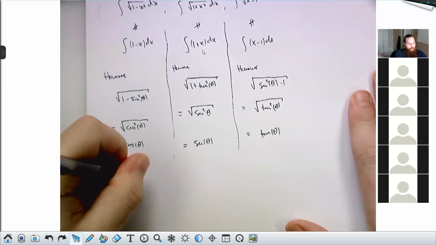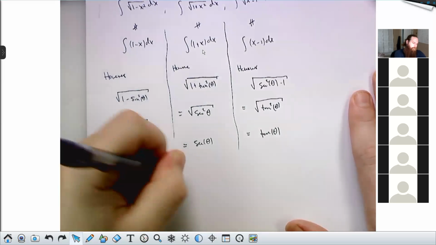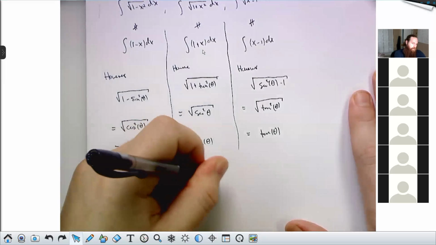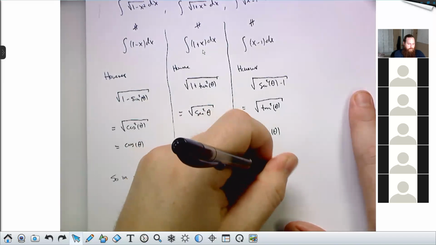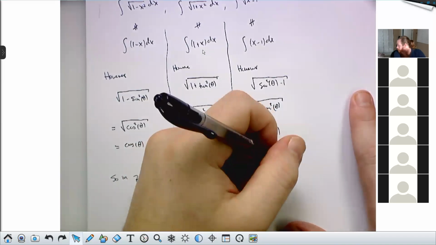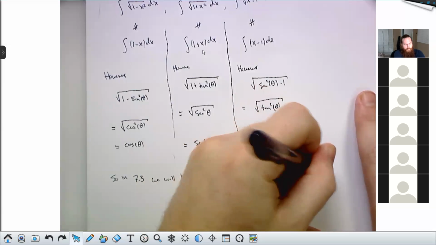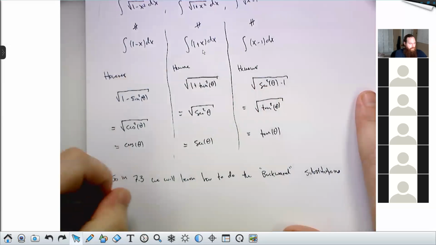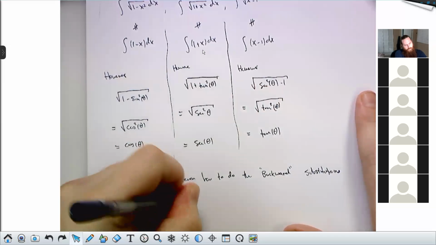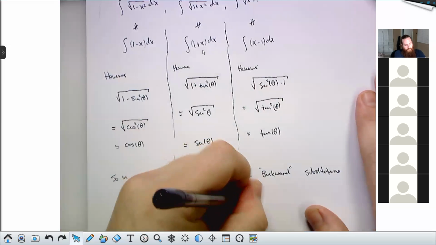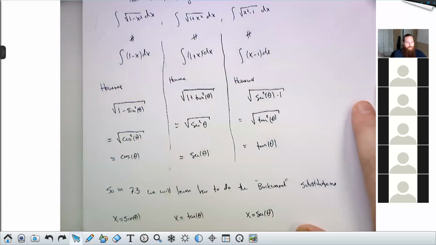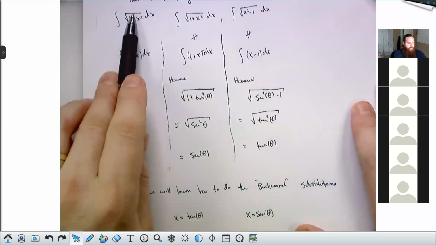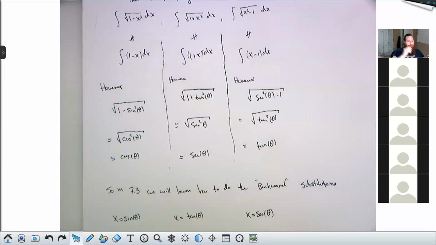So in 7.3, we will learn how to do the backwards substitutions. x equals sine theta, x equals tan theta, and x equals secant theta, to handle not just these integrals, but any integral that has something that looks like this, or this.